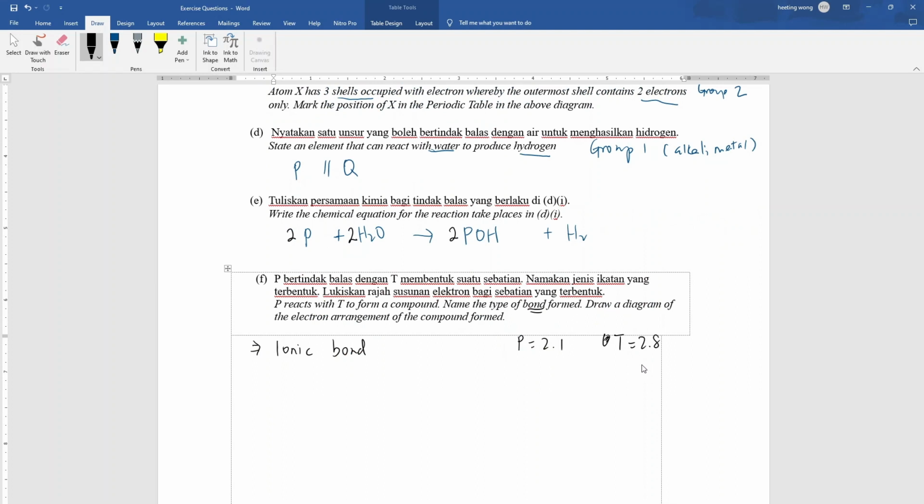Meaning that during the formation, this one loses 1 electron, then this one gains 1 electron. So in other words, P, after it loses 1 electron, has only 2 valence electrons.